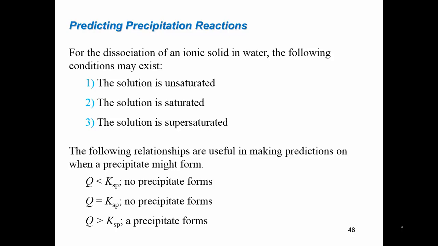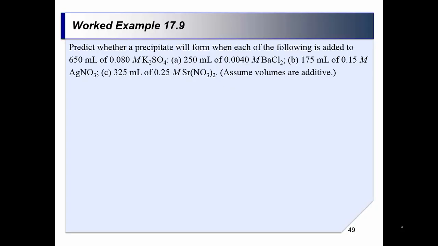So if we're going to predict whether a precipitate will form with each of these conditions, what I need is the KSP of potassium sulfate and barium chloride. So I'm looking at the reaction between potassium sulfate, and I'm going to put my phases in here on purpose, and barium chloride. These are both soluble.